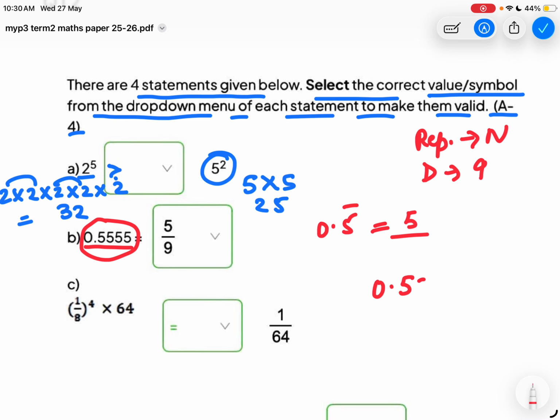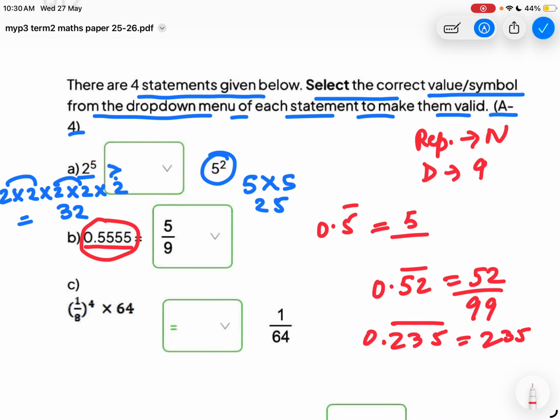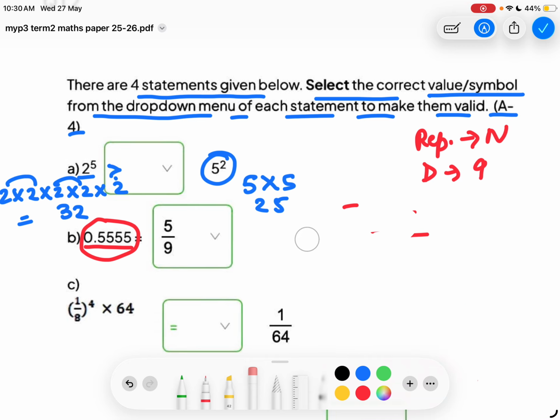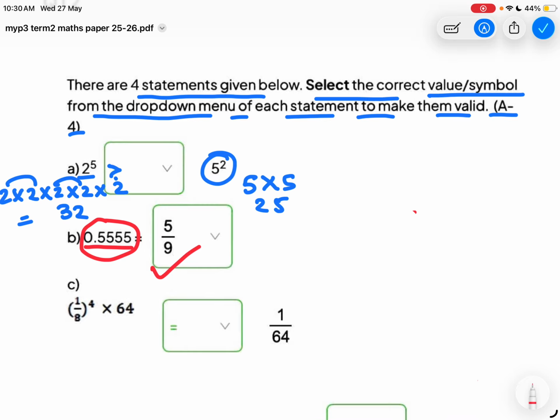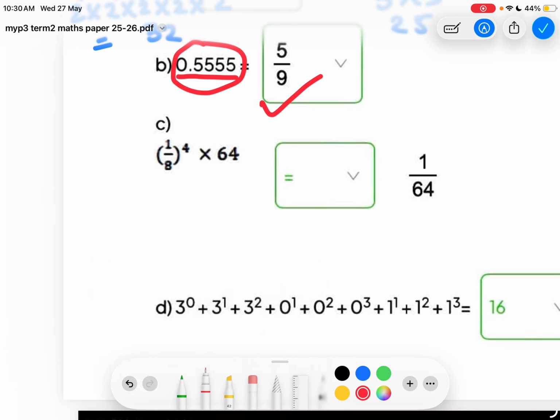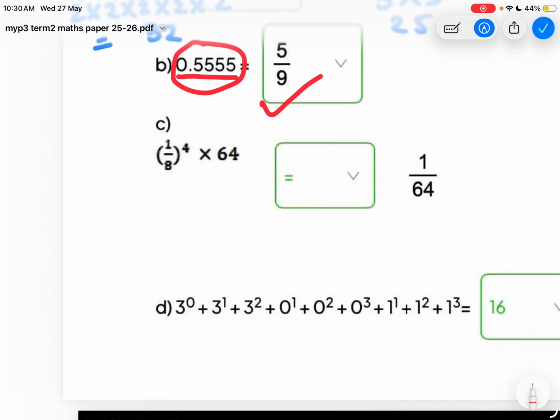For example, 0.52 repeating will be 52 upon 99. If it is 0.235 repeating, put it as 235 upon 999. And you should know the full method as well, how you convert this decimal to fraction. Then this is 5 by 9 using the trick, right? We have done this in the last videos. You can have a recap.